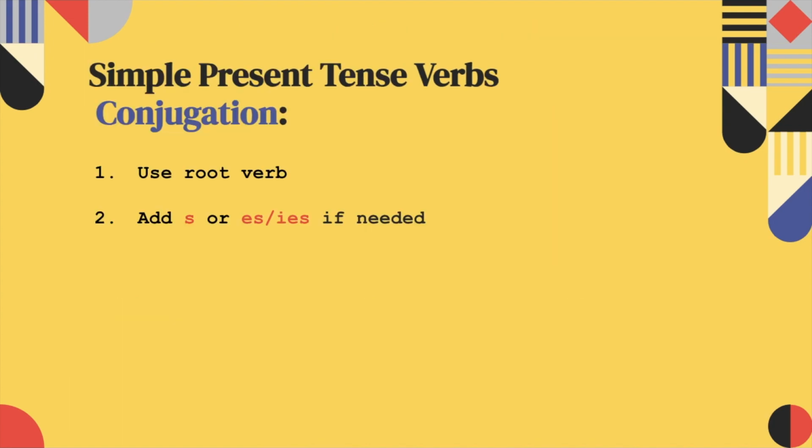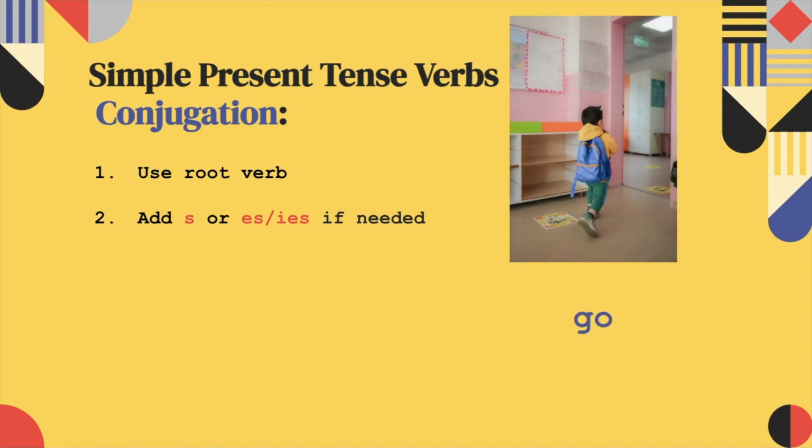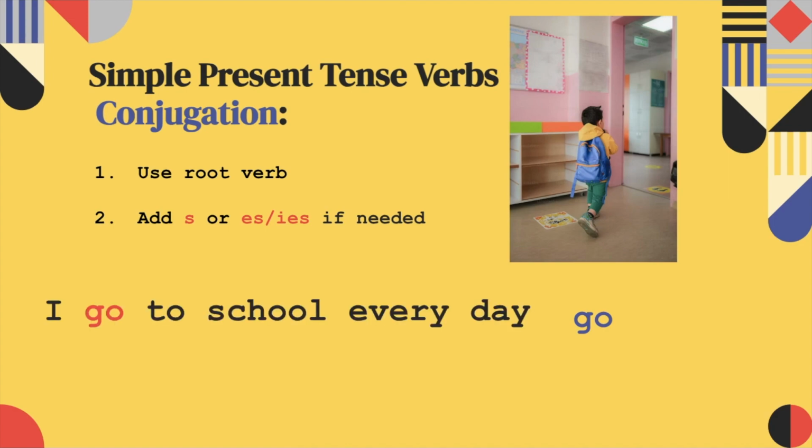Now let's look at an example of verbs that need ES or IES. We have this new verb, which is go. In a sentence, we can say, I go to school every day. And notice here, we don't add anything because I is a singular first-person subjective pronoun. Now, if I want to use he instead of I, I have to change the verb.